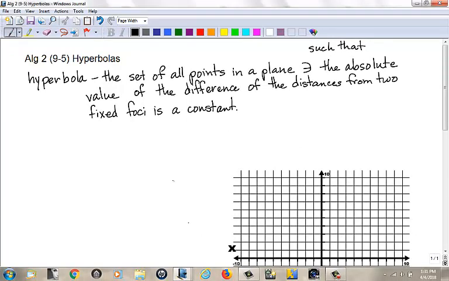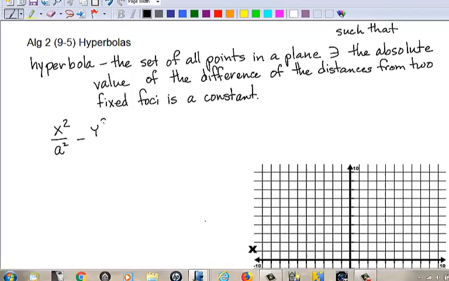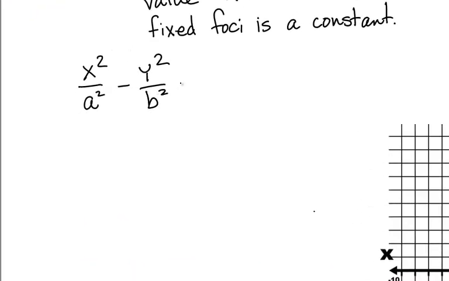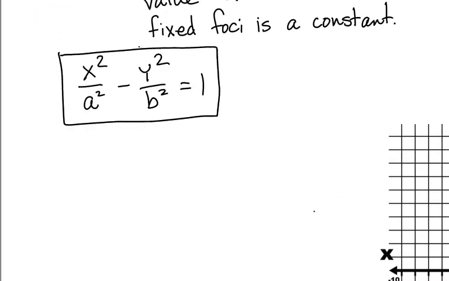There are two main formulas if your hyperbola is at the center 0, 0. Okay, the first one is x squared over a squared minus y squared over b squared equals 1. Okay, that's one.